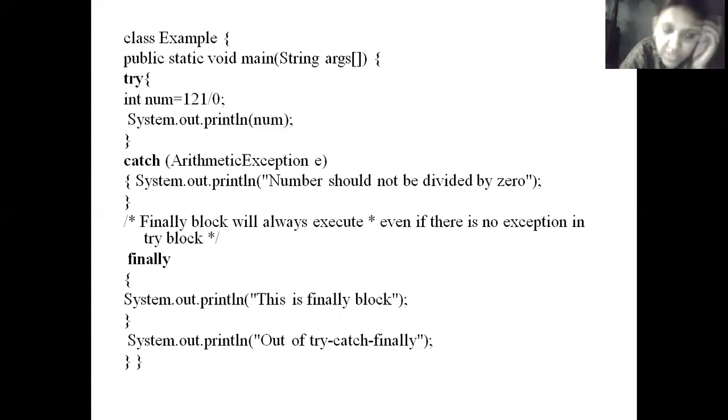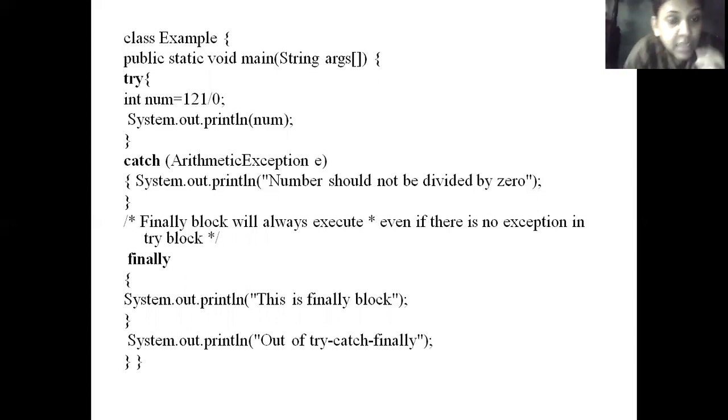Then we have the finally block. Whether the exception occurs or not, it will always be executed. So first this line will be printed, number shouldn't be divided by 0. Then the finally block line will also be printed, and after that the line outside the try-catch-finally will also be printed.